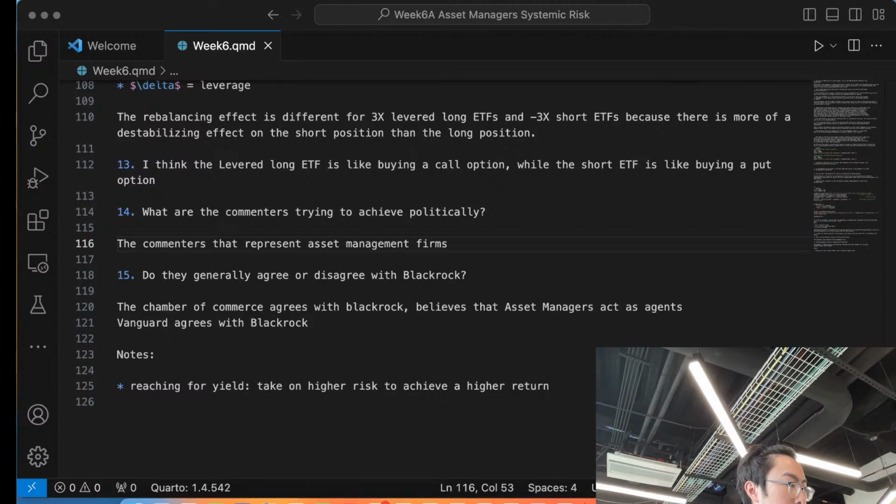Capital Markets Committee. What does the Chamber of Commerce do?